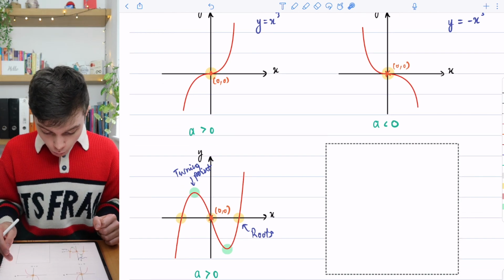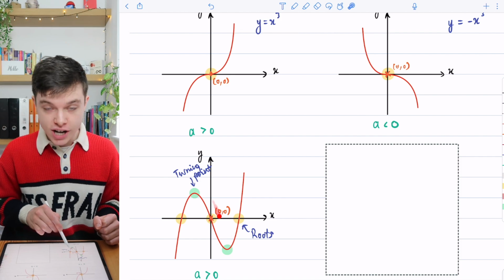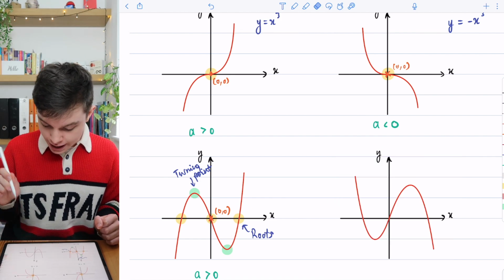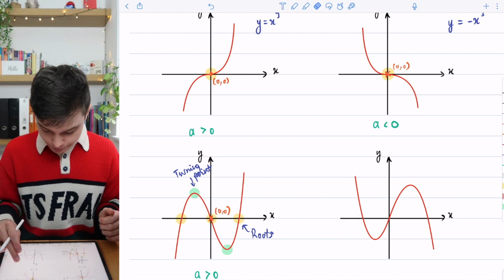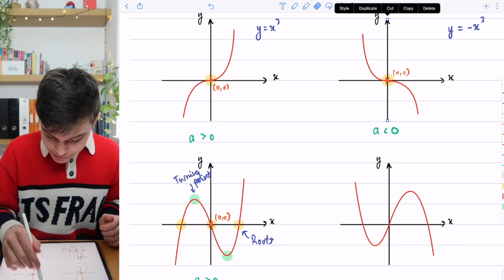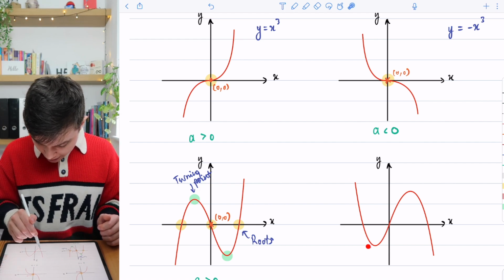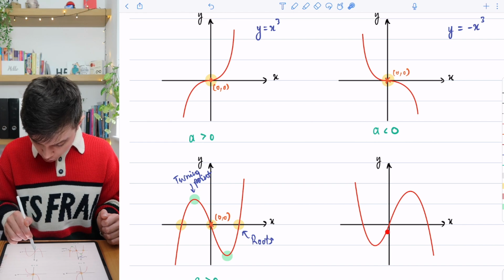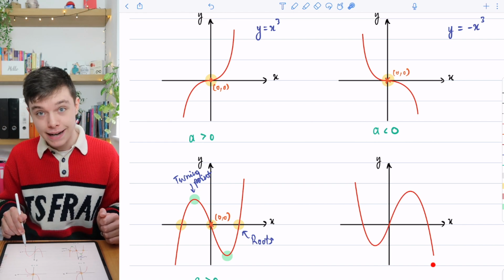Okay, so we have the version here where we've got some kind of hill shape. So let's have a look at what that looks like if we've got a negative a. And it's actually very similar. Here, we still pass through the origin, but we come down a little bit. We have a turning point, so we're coming down, down, down, then we start going up, pass through the origin, we then get to this turning point, and then we start coming back down again.